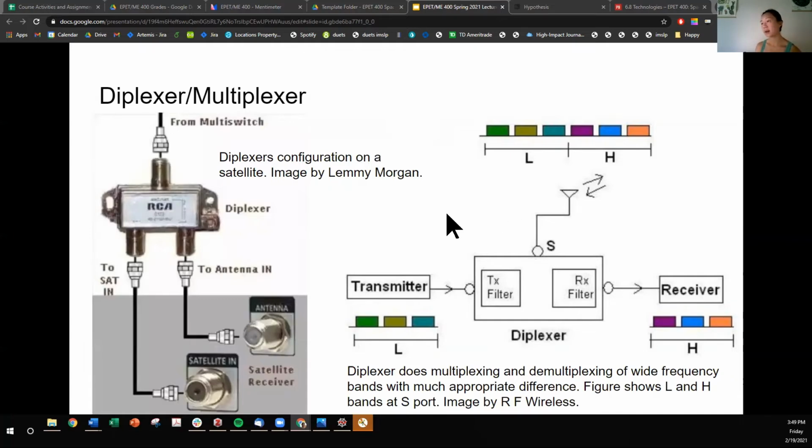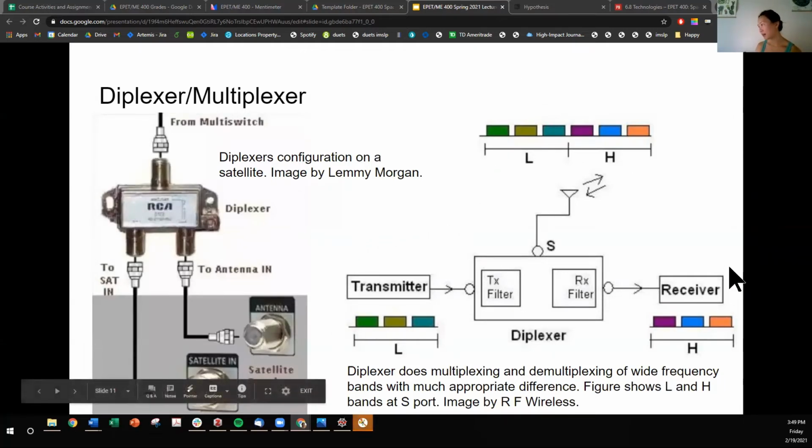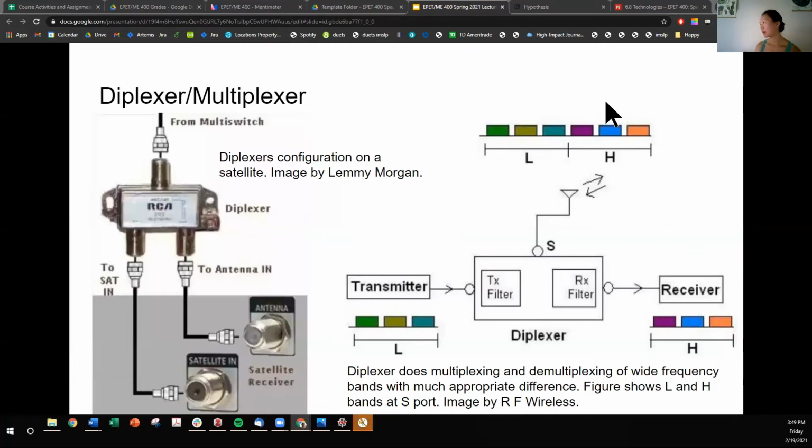You can see how the antennas are directly attached to the diplexer or multiplexer. It's kind of like the router or interpreter for the raw signal. Here you can see a schematic diagram of a lower and a higher frequency being passed through an antenna.